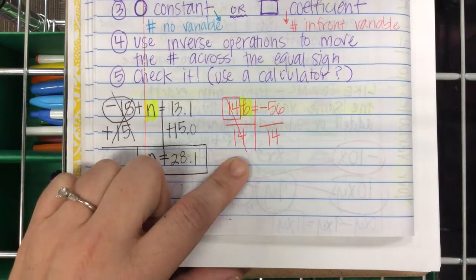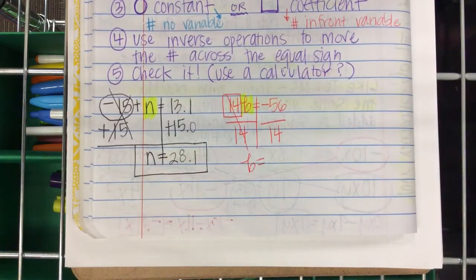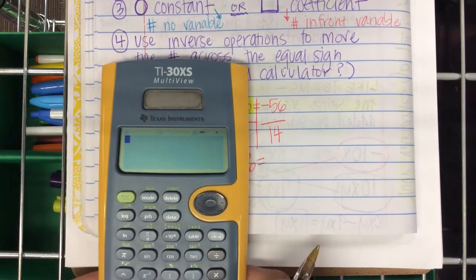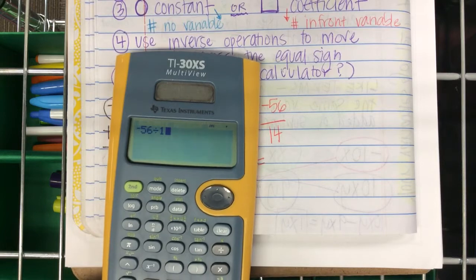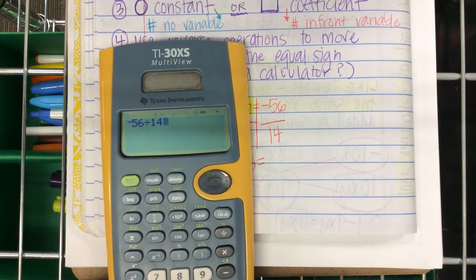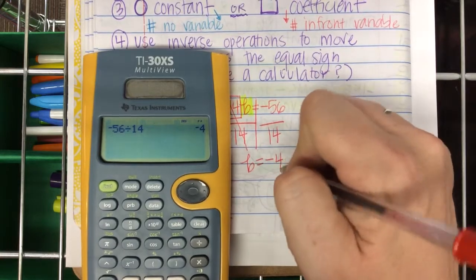Those are opposites, so they cancel out. I get B equals negative 56 divided by 14. Negative 4.